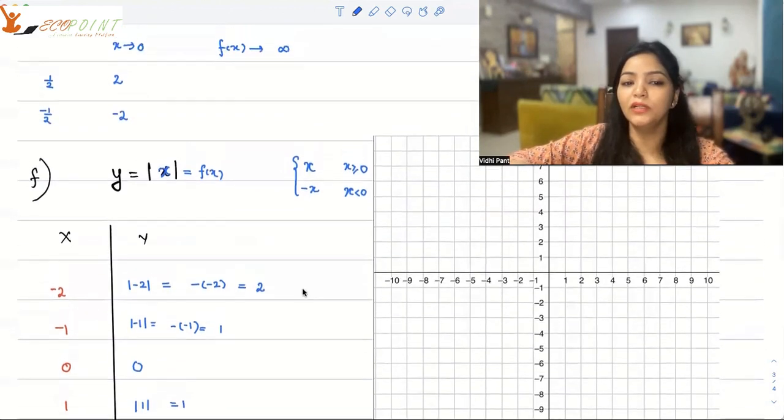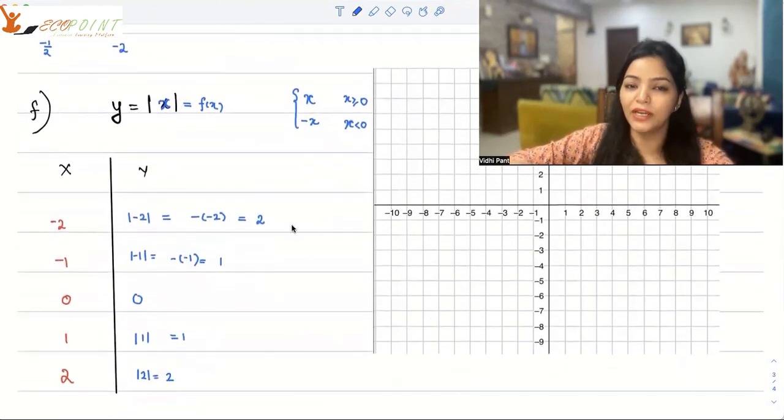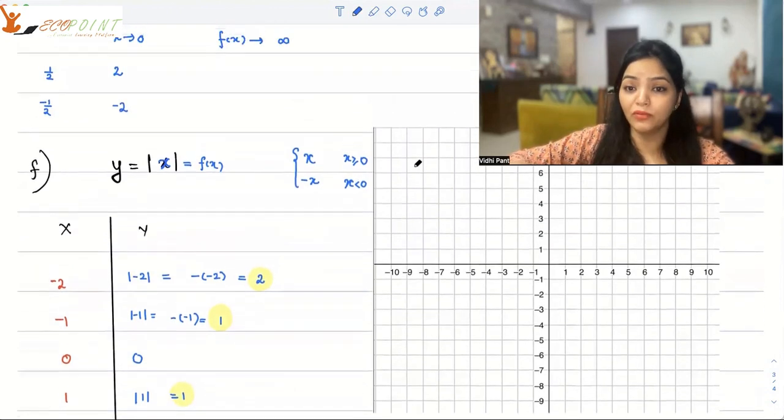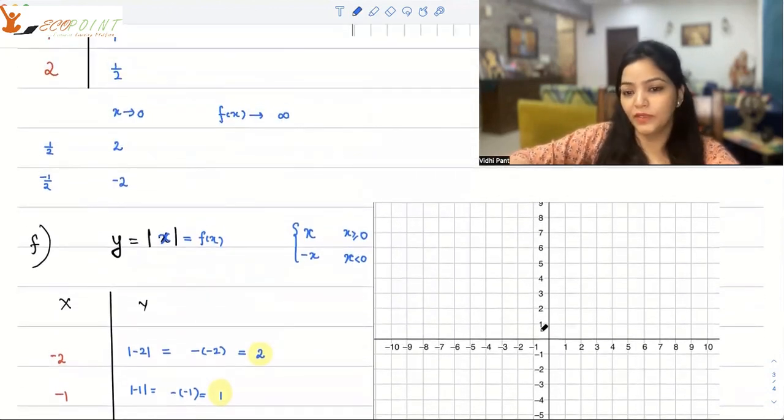So when you graph it, can you see you're getting symmetry? You're getting the same values. This graph is symmetric around 0. The points are 0, 0, then 1, 1, 2, 2, similarly 3, 3, 4, 4, and so on and so forth.